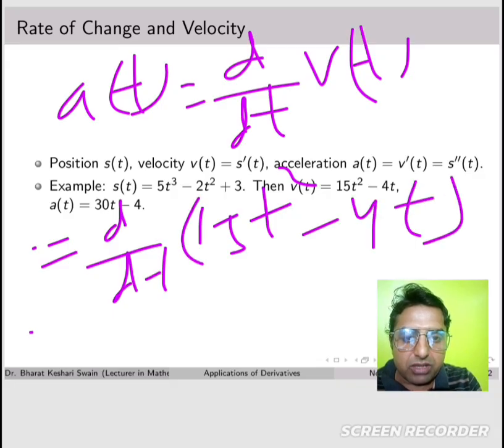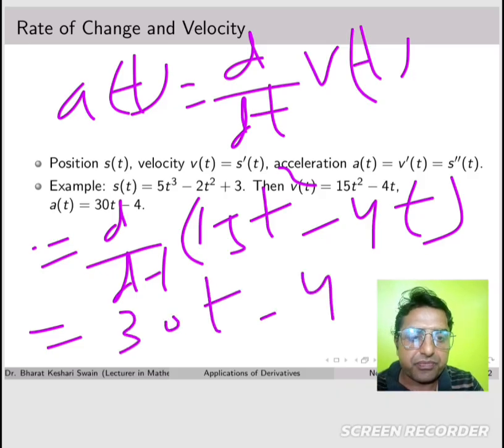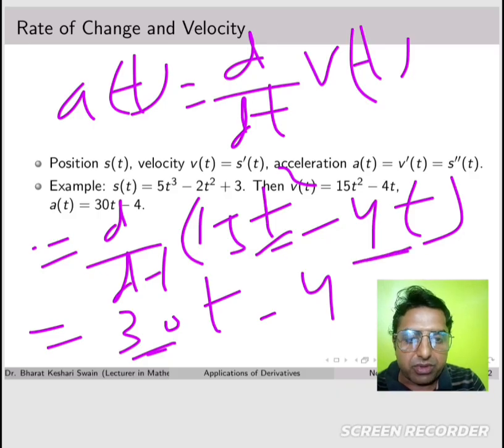The derivative of t square is 2t, so 15 into 2t equals 30t, and the derivative of 4t is 4. So the result is 30t minus 4.